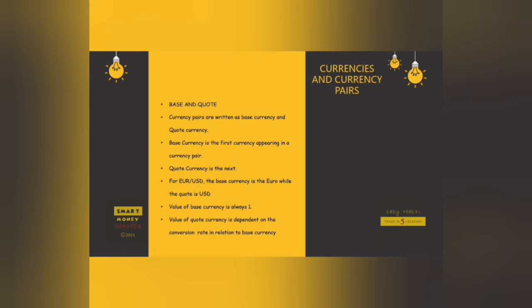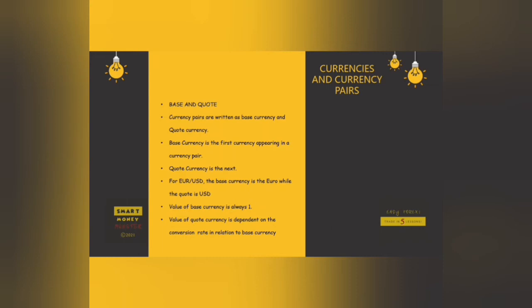And what is the implication of this? You are calling the base currency and you are quoting another currency with the base currency. What does that mean? Let me explain it with the dollar and the naira, right? If I say dollar naira, that means dollar is the base currency, naira is the quote currency. Let's say for example right now, $1 is equal to 500 naira.